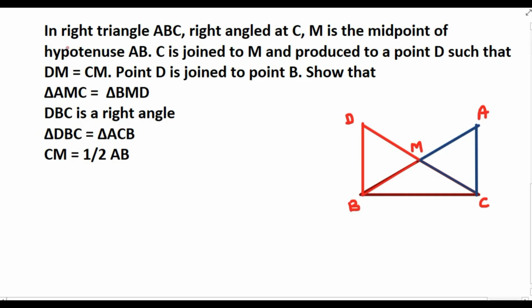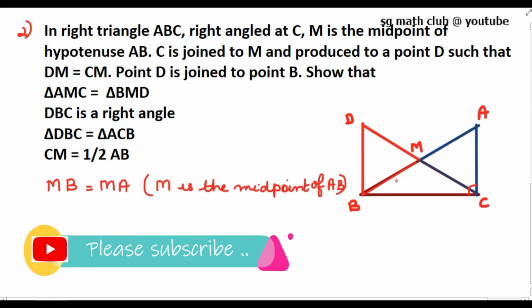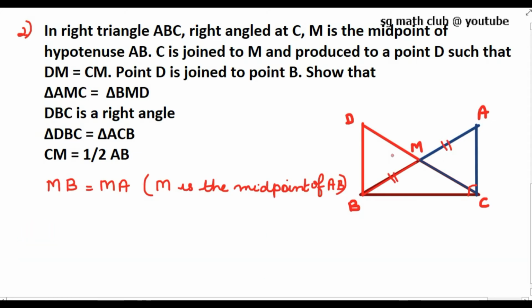So next question, in right angle triangle ABC, right angled at C, angle C will be 90 degrees. M is the midpoint of hypotenuse AB. So they have given M is the midpoint, so we can easily write MB is equal to MA, since M is the midpoint of AB.